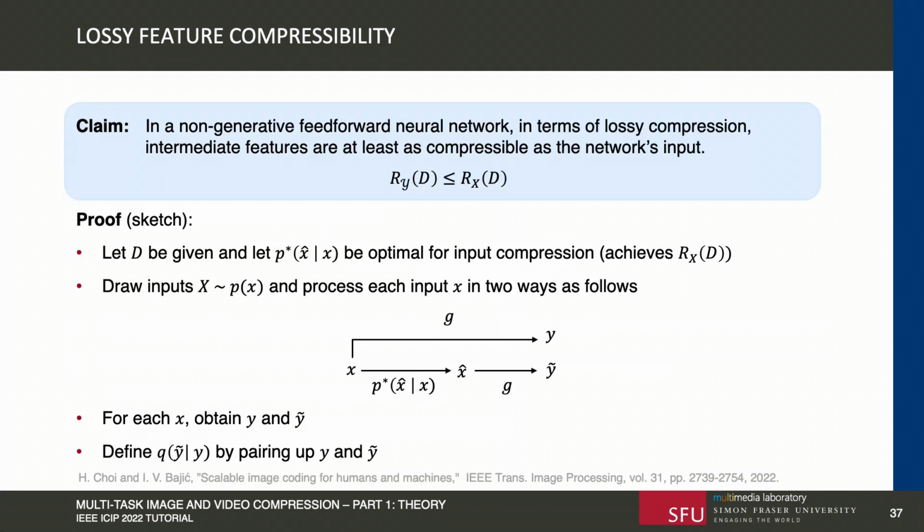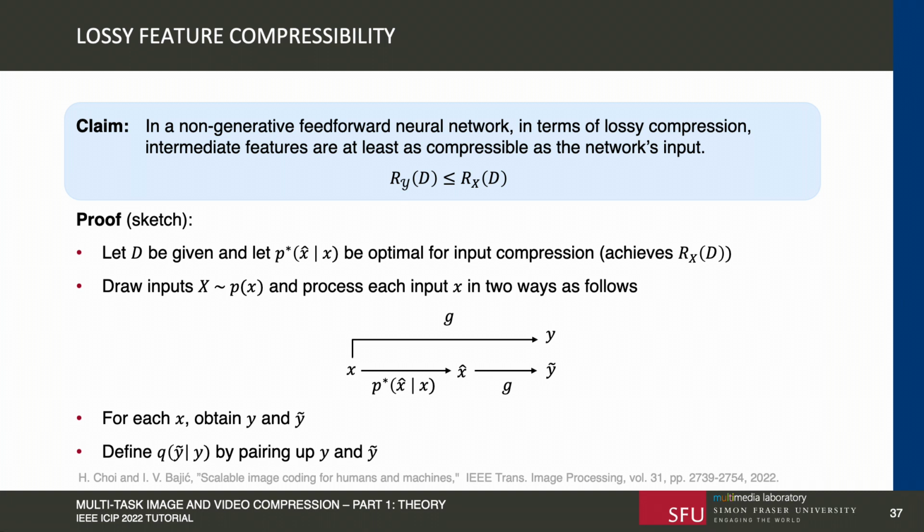So we are now ready to state and prove the following claim. In a non-generative feed-forward network, in terms of lossy compression, intermediate features are at least as compressible as the network's input.